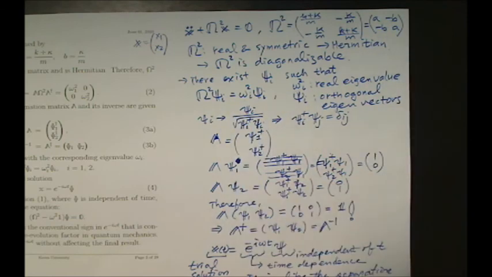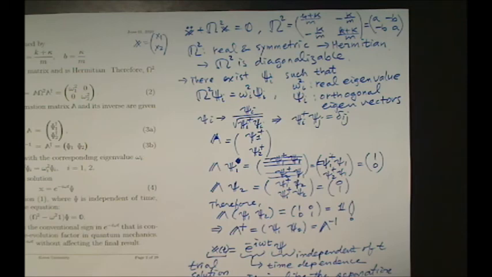As I already told you, the matrix is real and symmetric, therefore it is Hermitian. And in the matrix chapter, we learned that Hermitian matrices can always be diagonalizable. And in order to diagonalize that matrix, we have to find the eigenvalue problem.